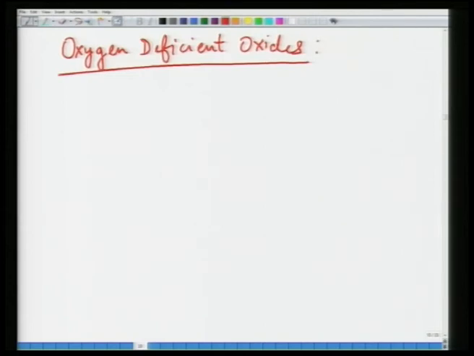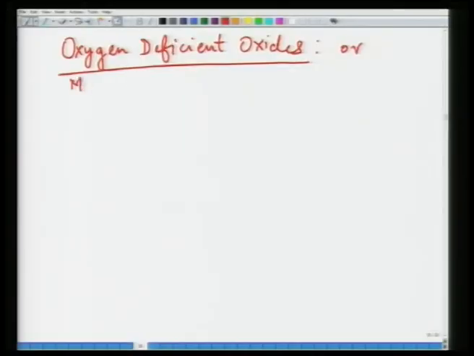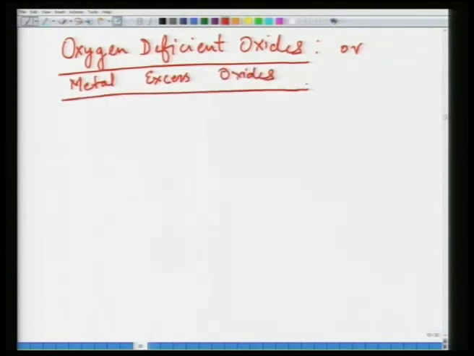I have not written oxygen deficient or metal excess oxides. So, if I write oxygen deficient oxides, it also means metal excess oxides. So, for the sake of clarity, I can write here or metal excess oxides. So, we will take these examples.